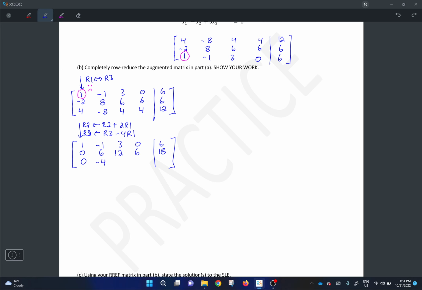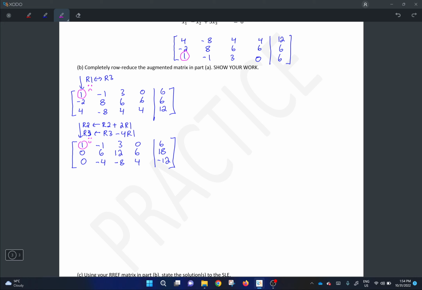And then 4 minus 4 times 3, so 4 minus 12, negative 8. And then 4 minus 4 times 0, which is 4. And then the last entry, 12 minus 6 times 4, so 12 minus 24, negative 12. So now that leading 1 is happy.